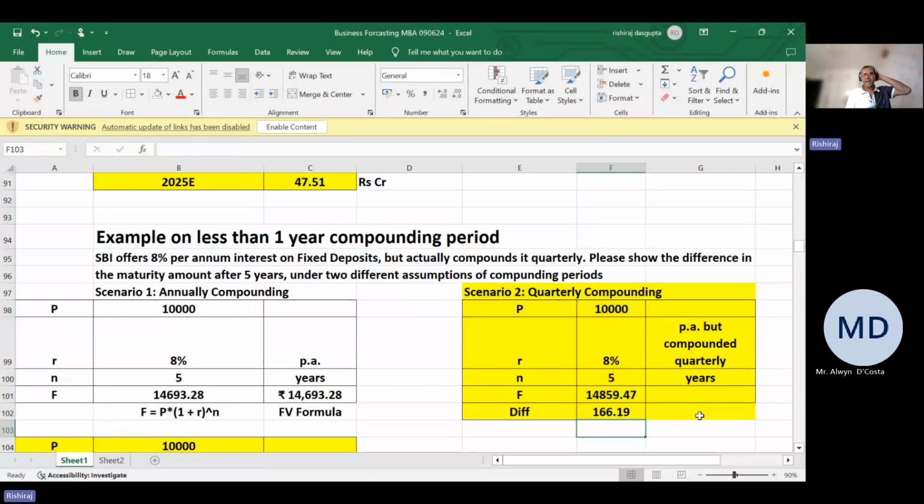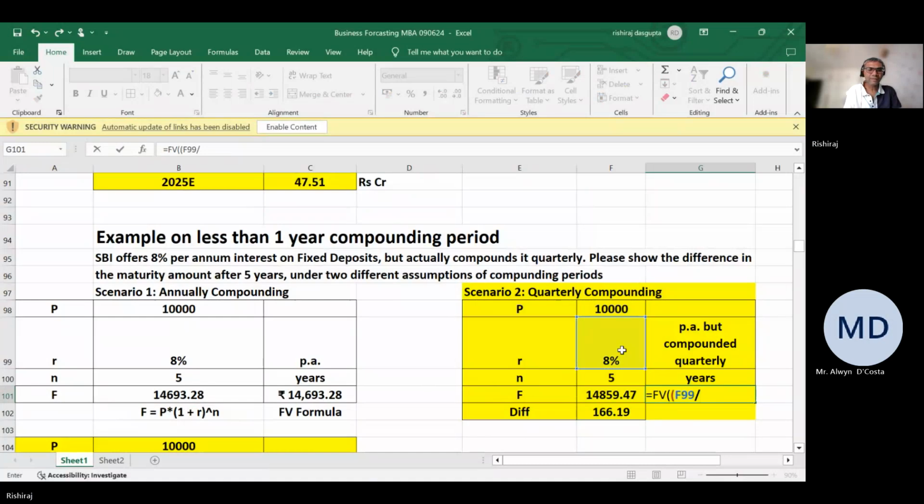Now the same I will do once again using the FV formula. I am using FV rate. Now rate I'll again put 8% by 4, quarterly rate, comma, period I will say 5 into 4, 20 quarters. So the rate is 2% per quarter, but the period is 20 quarters.